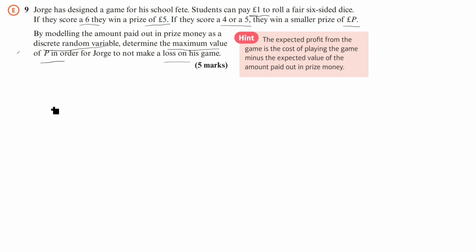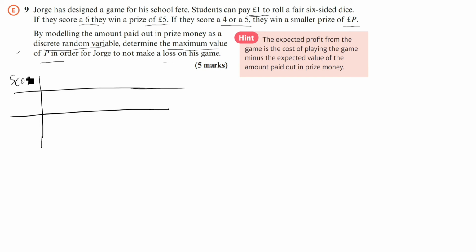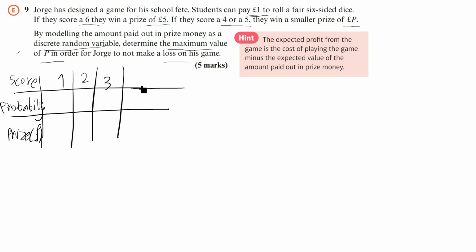At first we can write everything down in numbers so we can understand the question better. We can do this by drawing a table which summarizes all the information. We write the score, its probability, and the price in pounds. The scores are 1, 2, 3, 4, 5, 6.